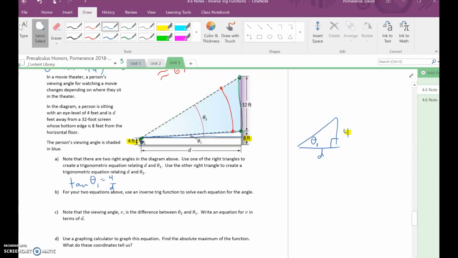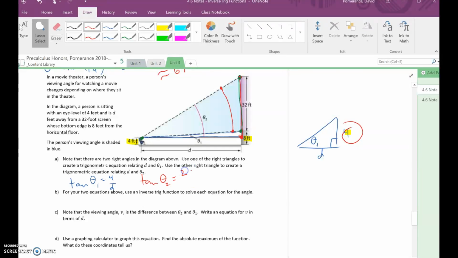This time we're using the entire side from here all the way up to here. Not 32 feet, not 40 feet, but 32 plus 4, or 36 feet. Okay? So we've got the tangent of theta 2, that great big angle that's too big, equals... nope, I subtracted.